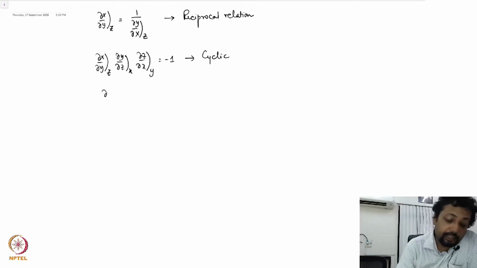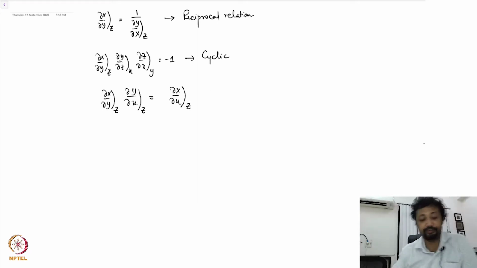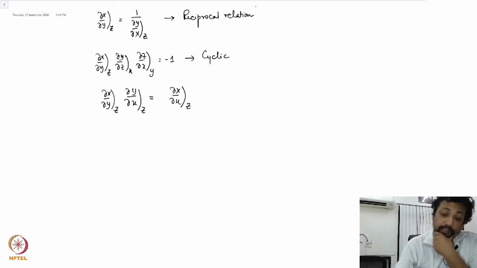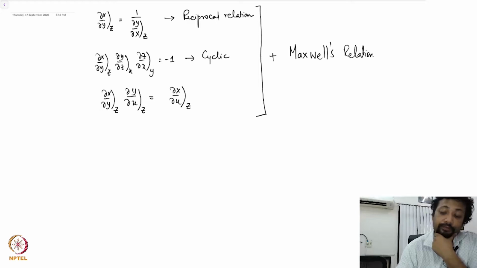And finally, del x del y at z constant times del y del u at z constant gives del x del u at z constant. This is the chain rule of differentiation applied to partial derivatives. Plus, what is going to come to our rescue is called Maxwell's relation.